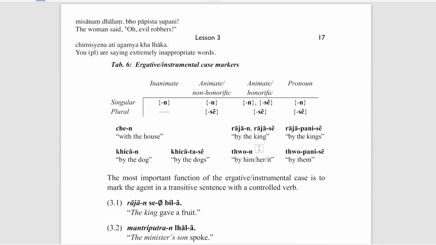So Dhona, by him, by her, by it. And then last we have the honorific plural Raja Banisen, by the kings, or Dhon Banisen, which is plural, by them. So Dhon is his, her, this or that, and Bani is the plural marker, and Sen is the ergative marker.